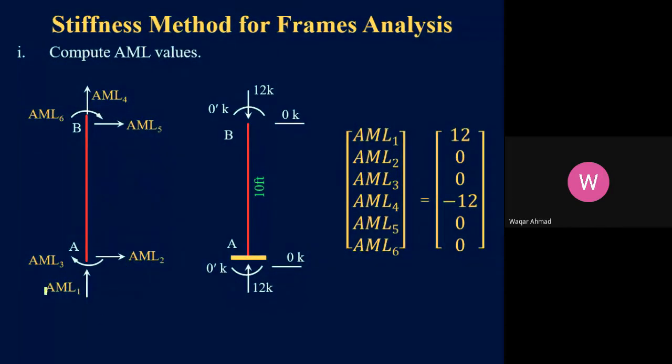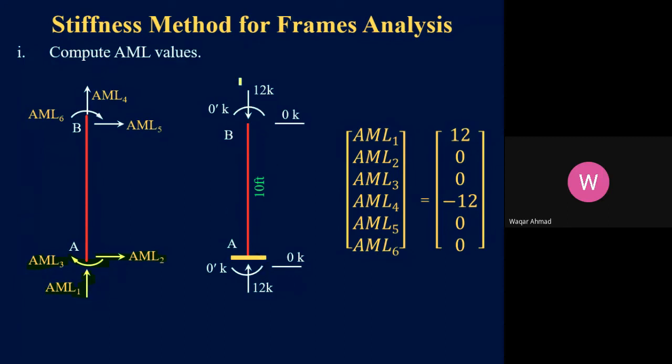Now you can see that this is my AML1 value. Why at this location? Because I have chosen my AM1 to be at this location. And this is my AML2. This is now my AML3. Similarly, AML4, AML5, and AML6. Now, where am I getting these values from?